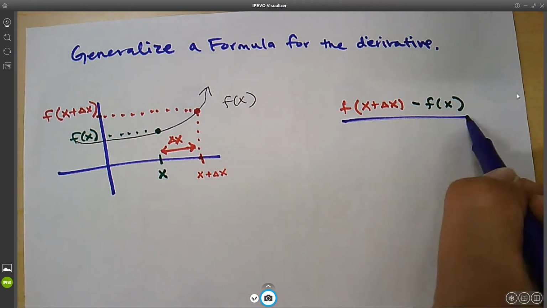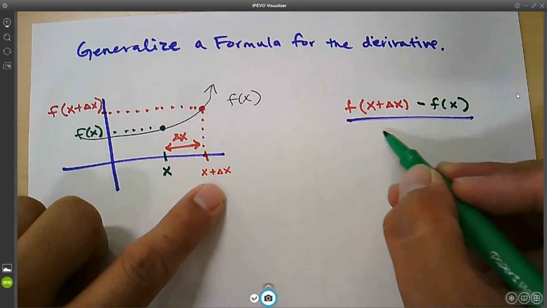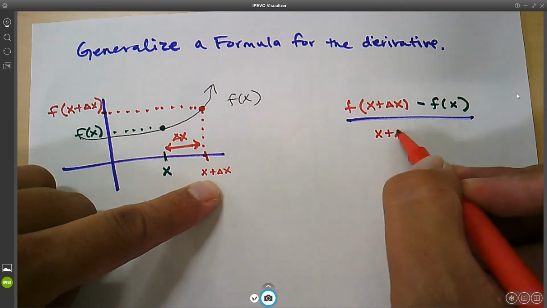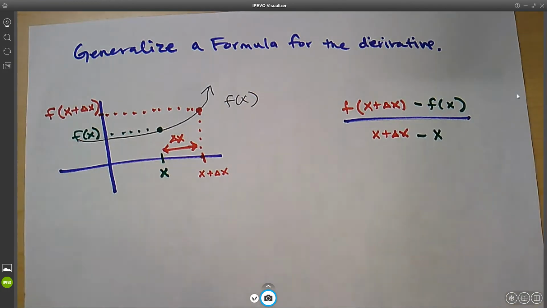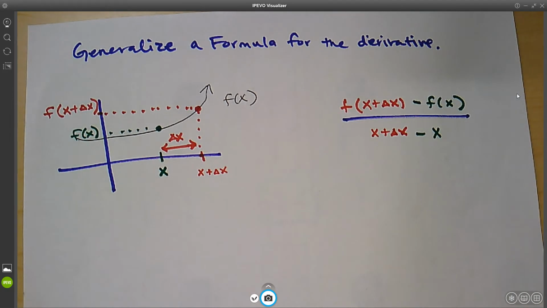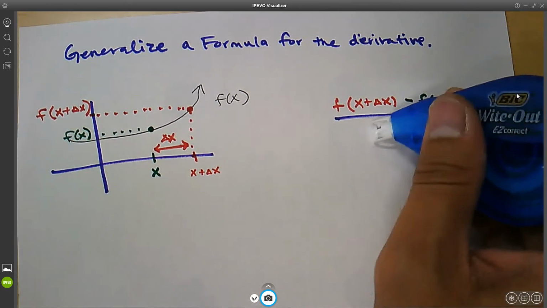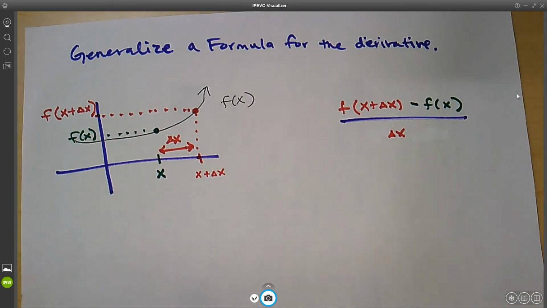We're going to divide it by x2 minus x1. But there's an x and a negative x, so we don't want to write it over. I'm going to erase them out. Is that okay? Because they just subtract out.